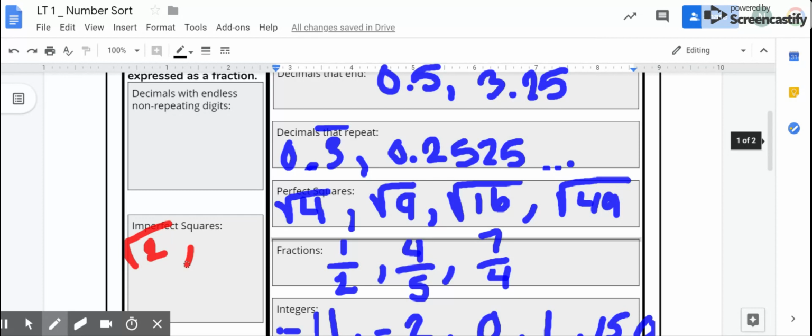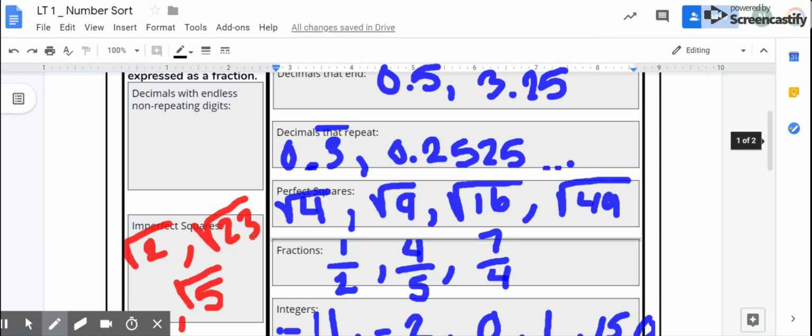If I do 2 times 2, I get 4, but I cannot get 2. Another imperfect square would be the square root of 5. Because what times itself would get 5? That will not work. Let's also write here the square root of 23. So again, there is no number multiplied by itself that can get 23. So that would be imperfect.